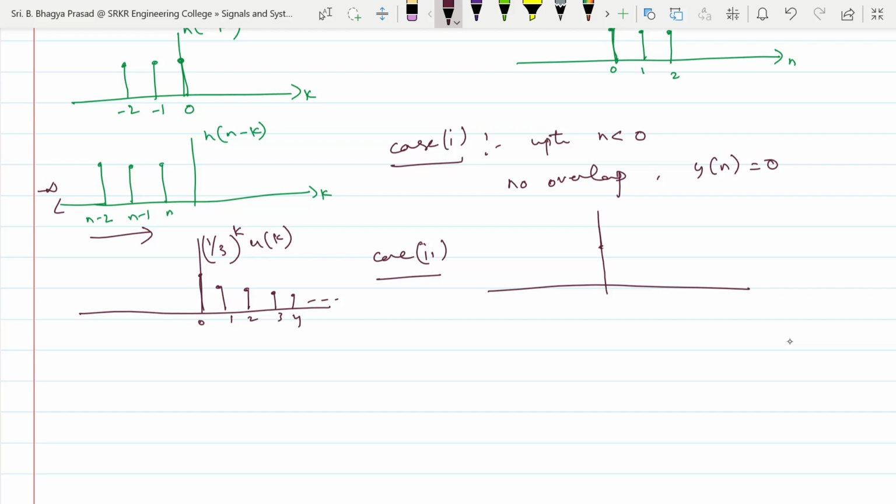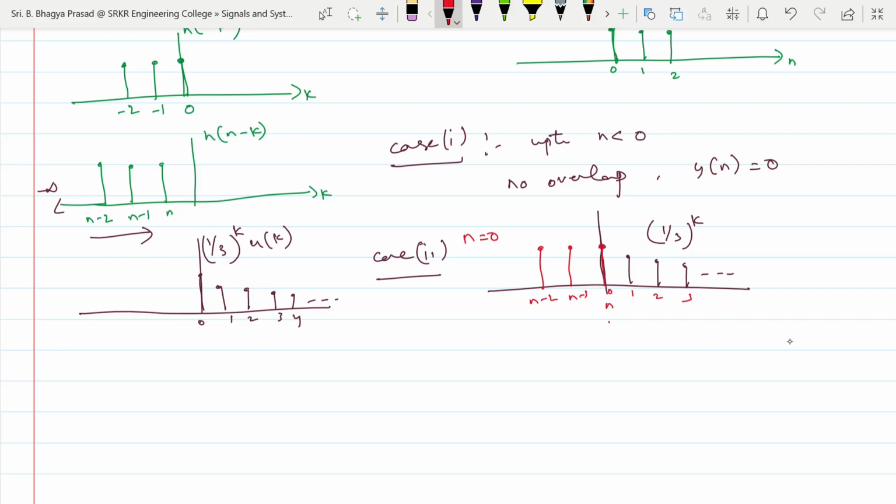This is your 1/3 power k, and when n is equal to 0, the overlap will be like this: 0, 1, 2, 3, and again n, n minus 1, n minus 2. For n equal to 1, there is an overlap of 2 samples. For n equal to 2, the overlap of 3 samples.